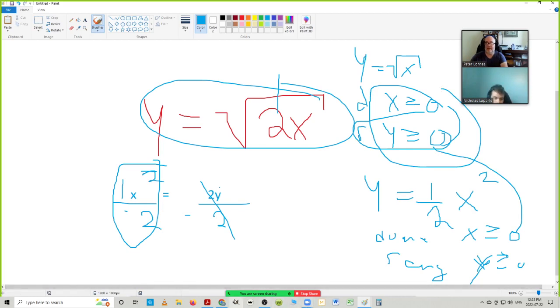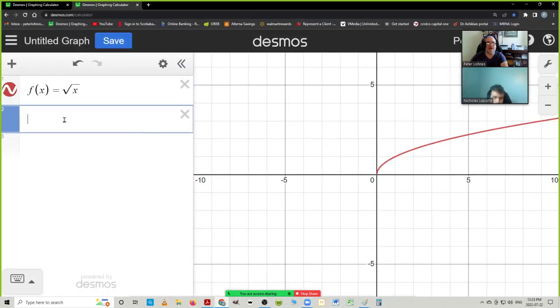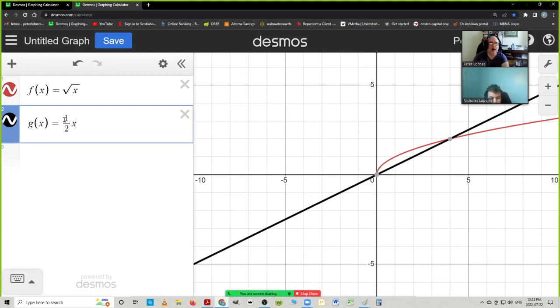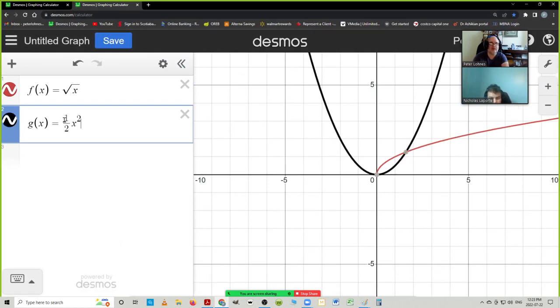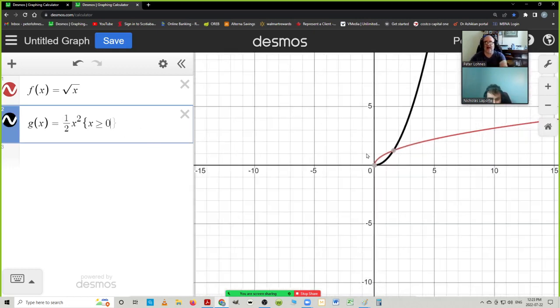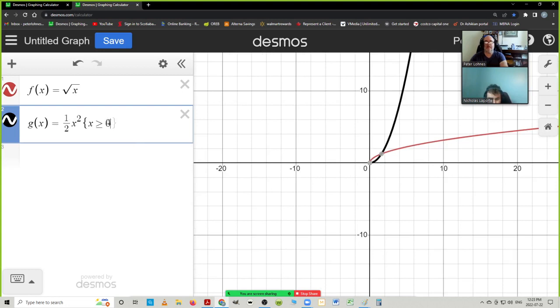So that means over here, when I redo this inverse, even though this is the correct inverse, I must apply the same restrictions because the square root function didn't have the same x values available. So I must, in the bracket, say x is bigger or equal to 0. And now it looks like I have a correct inverse. And you might say, why?